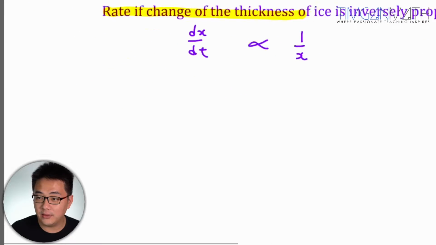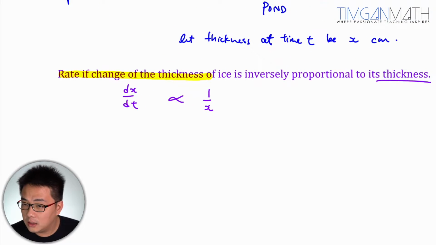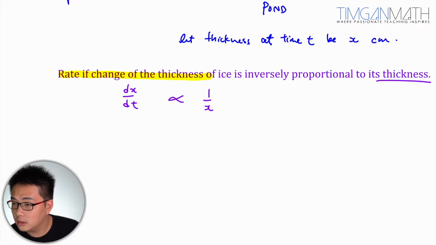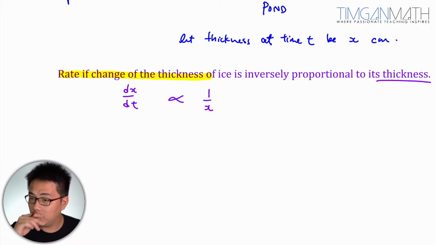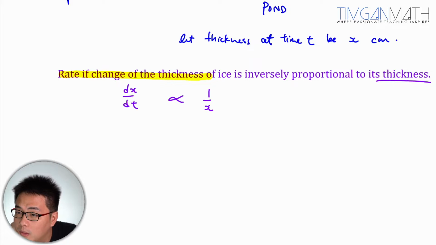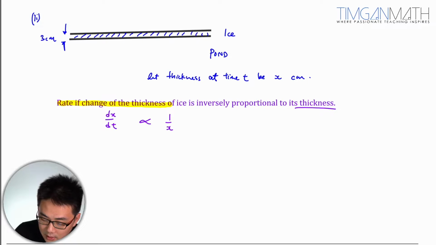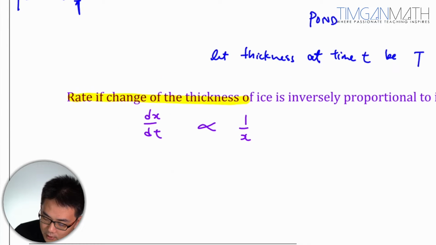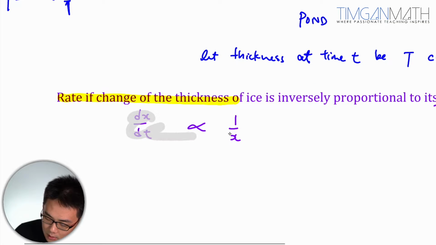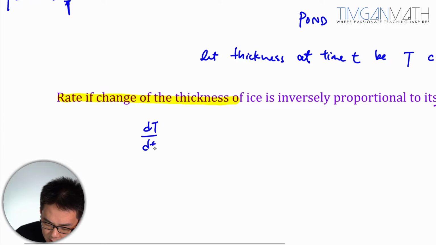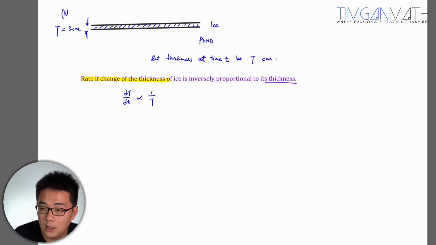It's given that the thickness is labeled capital T, so I'm just going to use capital T instead, with dT/dt proportional to 1 over T. Okay, that's pretty okay.